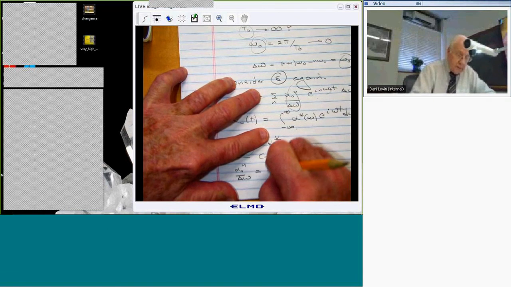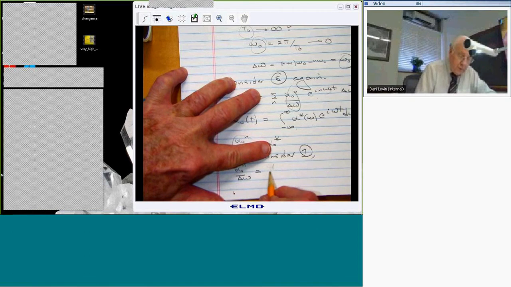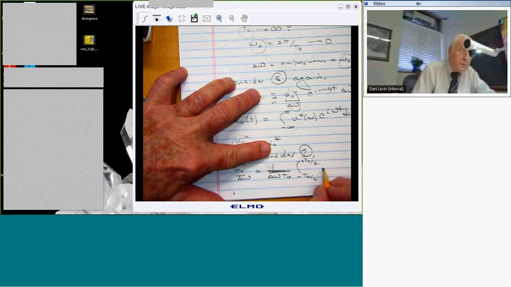And now I have 1 over delta omega times t naught times this integral. And now in the limit, this is going to become just a continuous frequency.